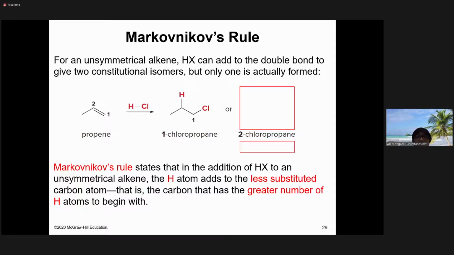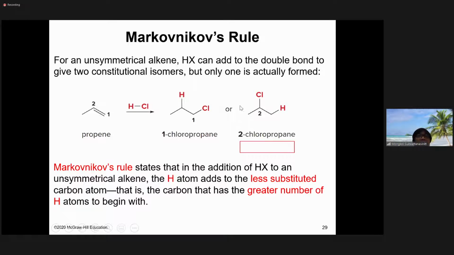As you can see, if the hydrogen adds to carbon number 2, you get the first product here, which is 1-chloropropane. But if the hydrogen adds to carbon number 1, the chloride will go to carbon number 2, and you get 2-chloropropane.